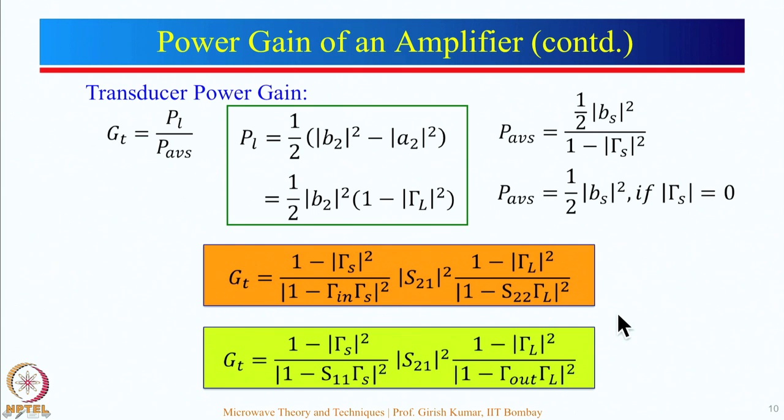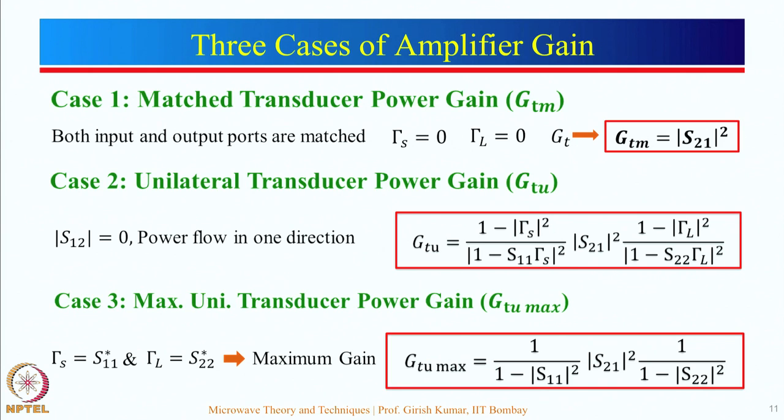So, to make things simple, we are going to take a few cases. So, let us take these cases one by one. The first case which we are going to take is case 1, matched transducer power gain. What this really means is that if gamma s is equal to 0 and gamma L is equal to 0, then the previous expression reduces to this particular term only over here.